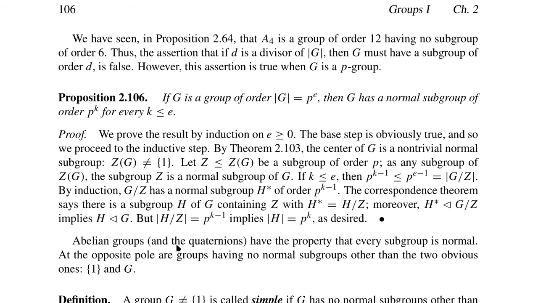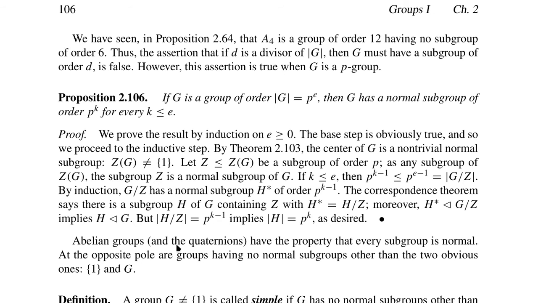So P to the E is the order of G, and Z is a normal subgroup of G, and its order is P, right? It has order P. Okay, so then of course that makes sense. G mod Z is going to have order P to the E minus 1. There's a P to the E over P, right?